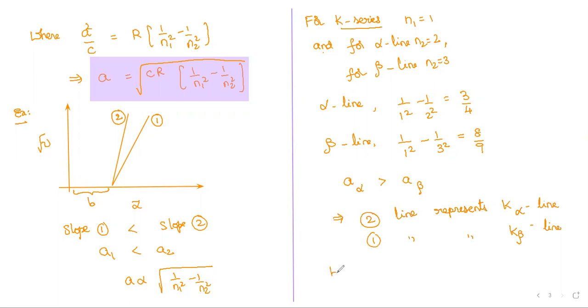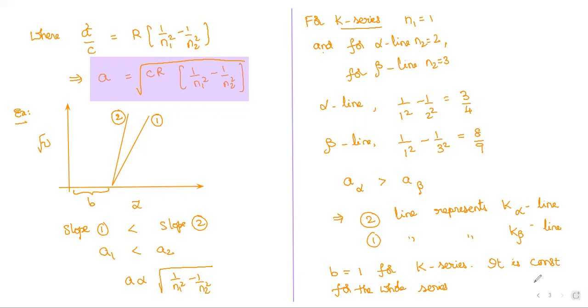Okay, and that B value you have to remember is equal to 1 for the K line, K series. It is constant for the whole series, and when the series changes, the B value will change.